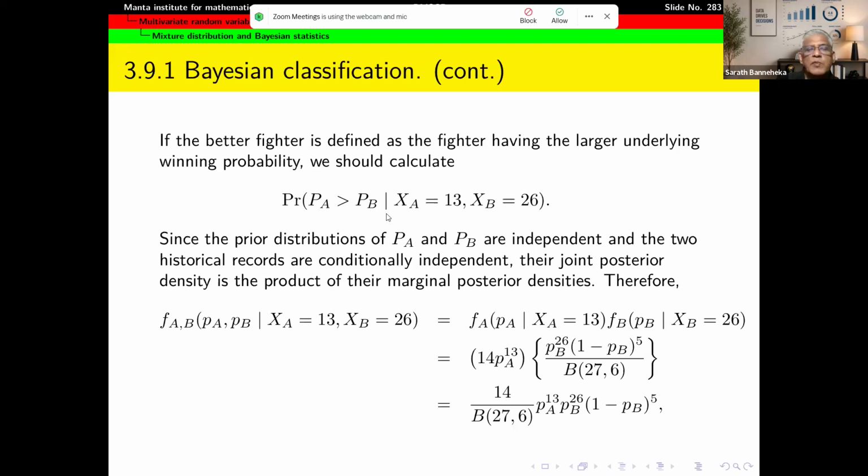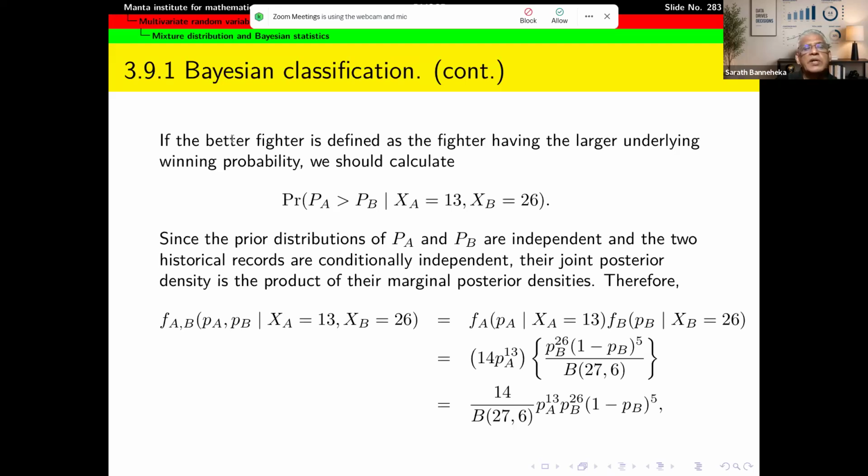If this probability is greater than 0.5, then you decide that fighter A is better than fighter B in general. So we are going to look at the posterior probability of PA being greater than PB. If you want, you can look at the other way around, the probability PB greater than PA, also. But here I'm looking at this probability.